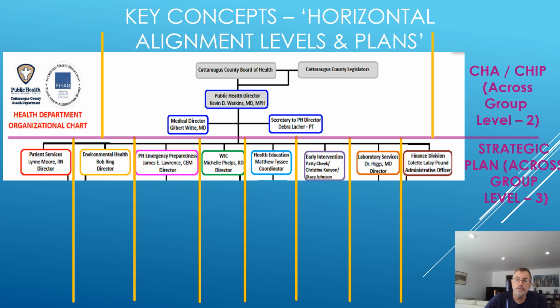So then the strategic plan is across group level 3. Okay, and again, we have the CHIP inputs into the strategic plan, we have the New York State inputs into the strategic plan, and we have the home care inputs into the strategic plan. But it goes across these divisions, okay?